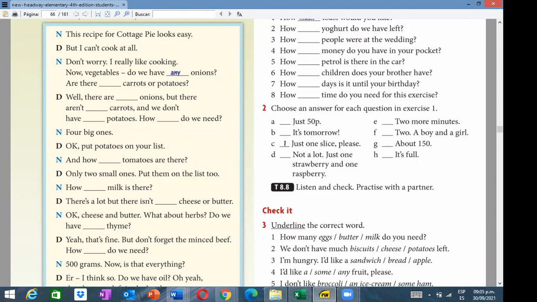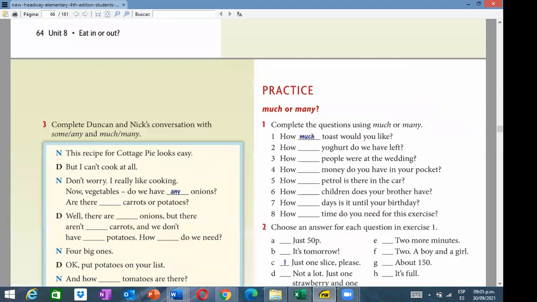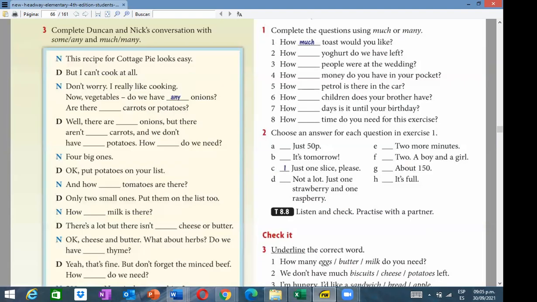Okay, students, please, come on. You have to imagine that it is a conversation between Nick and Duncan. Look at the picture, remember? Please, students, who can cook? Tell me, Nick or Duncan?